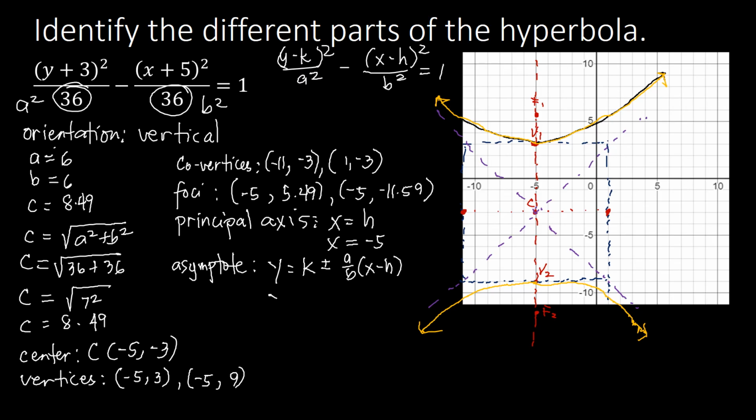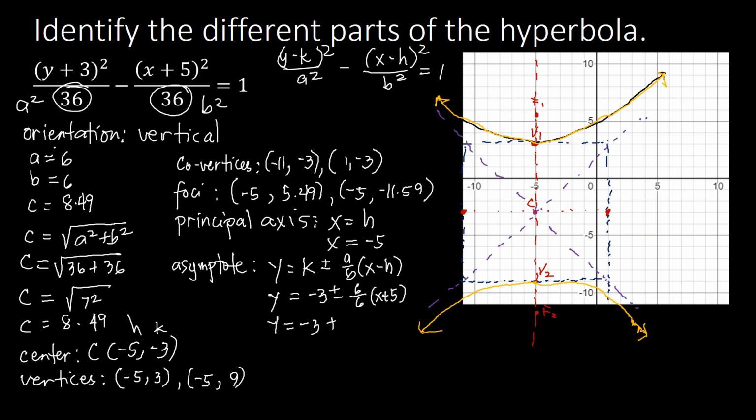Plugging in, y will be equal to our k here on the center. We've got that as -3 plus or minus. Our a here is 6, and b is 6. And then we have x minus our h here, which is -5. So this will become a +5. Simplifying this, y equal to -3 plus 6 over 6, that's 1.